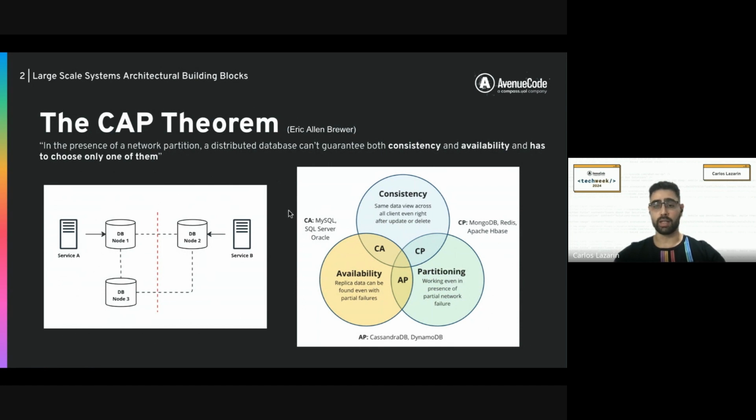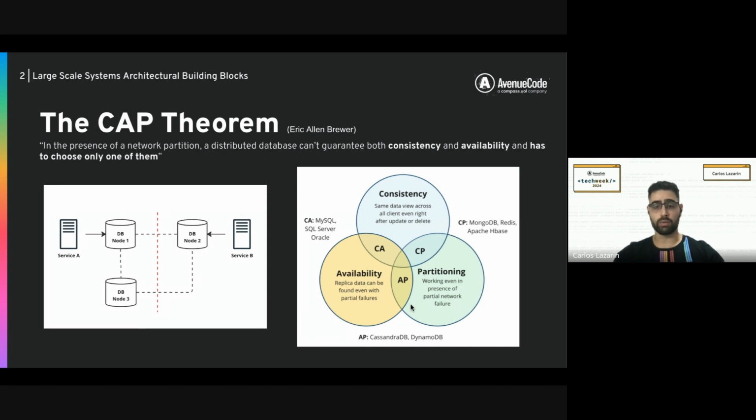So we need to choose what is more important for you. Let's say if you want to have consistency and availability at the same time, which means that we're going to have the most updated data available all the time, you might need to go to MySQL or SQL Server or Oracle DB. But on the other hand, if you want horizontal scalability and you don't care if the data is the most updated one, but it's available, right? You can hit the database, it's not the most updated one, but you still can read.